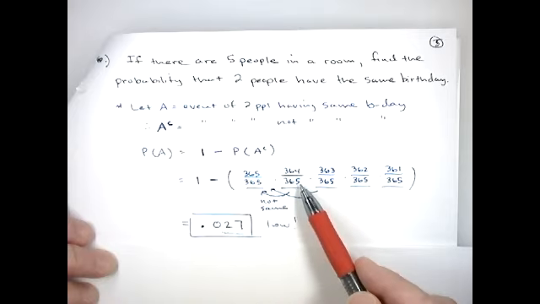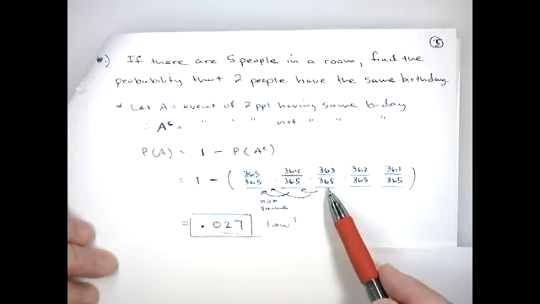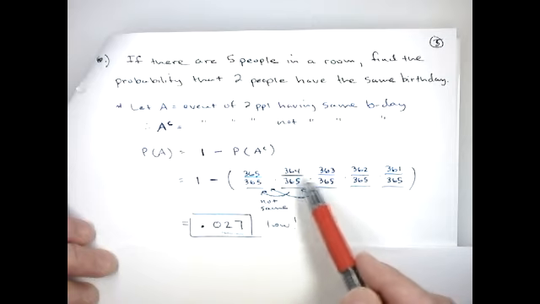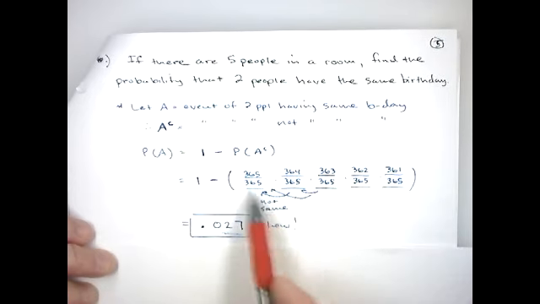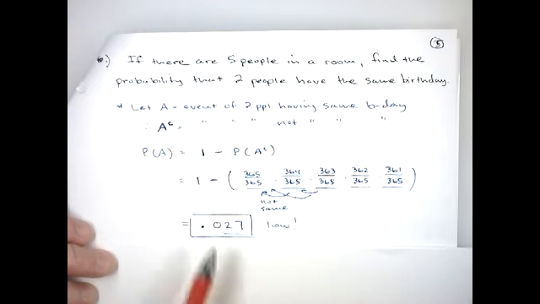Not this person's birthday. Similarly, the third person can't have the same birthday as either of the first 2, so they would have 363 out of 365 days to choose from, and so forth. So if you work this out on a calculator, you end up getting 0.027, which is very low, as you would expect.